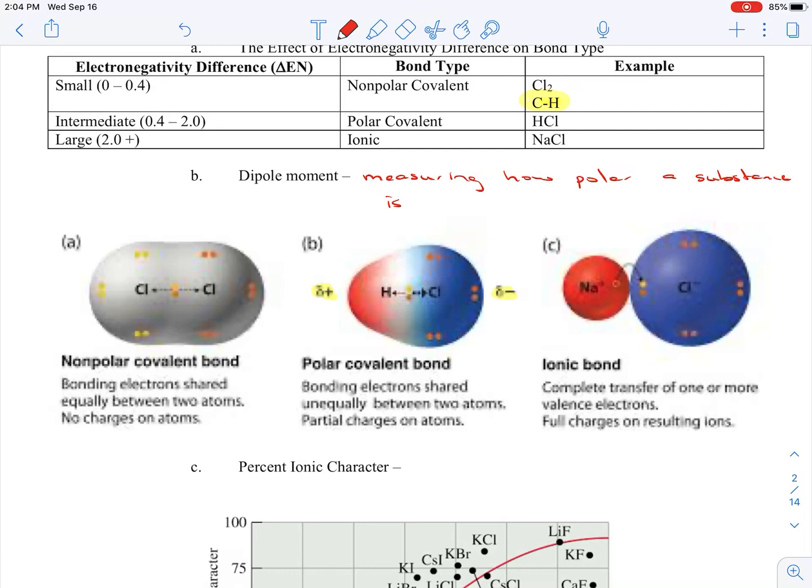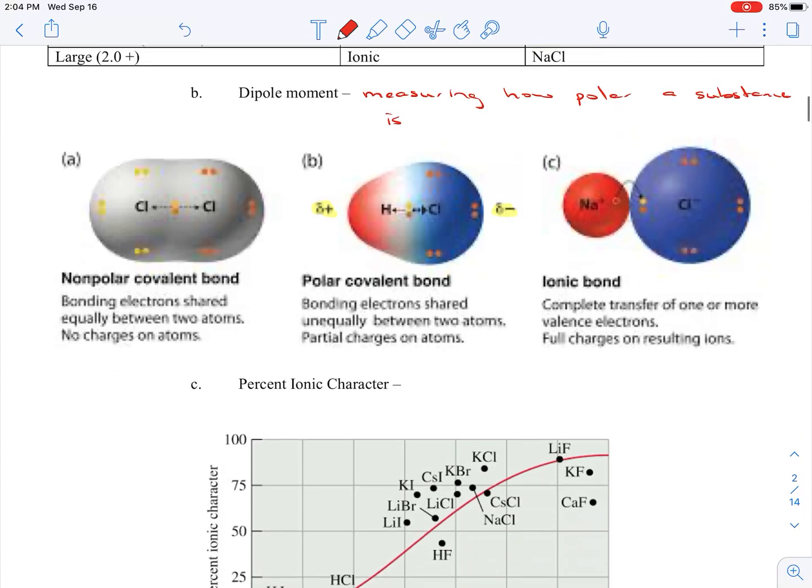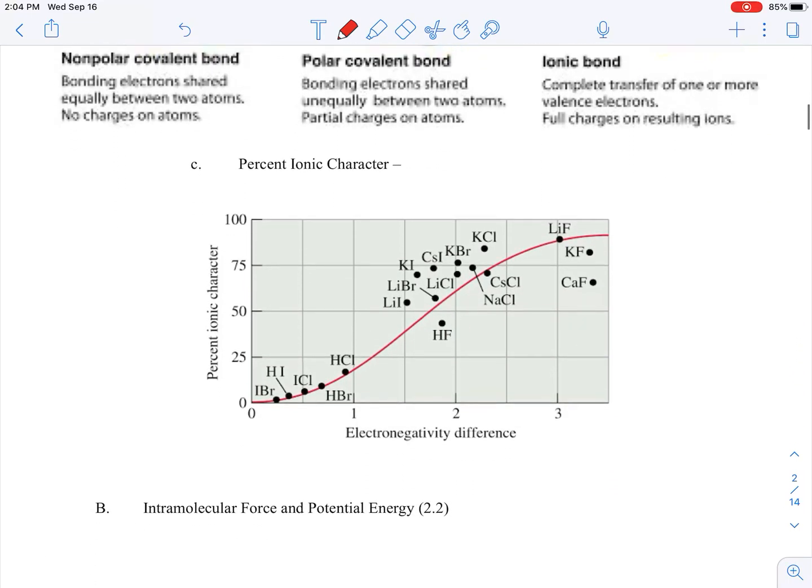Okay, so now let's roll on to percent ionic character. Percent ionic character is just a way of measuring how ionic a bond is, and every bond has some amount of ionic character. So we're measuring how the electrons are interacting, or let's say how the electrons are being transferred, since we're talking about ionic.